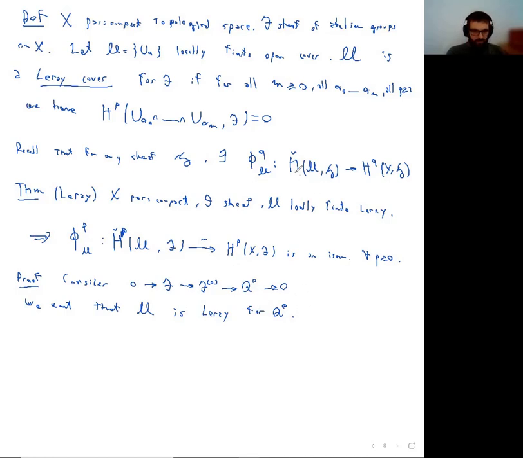I don't want to write U_α0 intersected through U_αm every time, so let's just call it V. And as you observed before, we don't have to take X, we can just take V. And we know that every time we have a short exact sequence of sheaves, this gives a long exact sequence in cohomology.